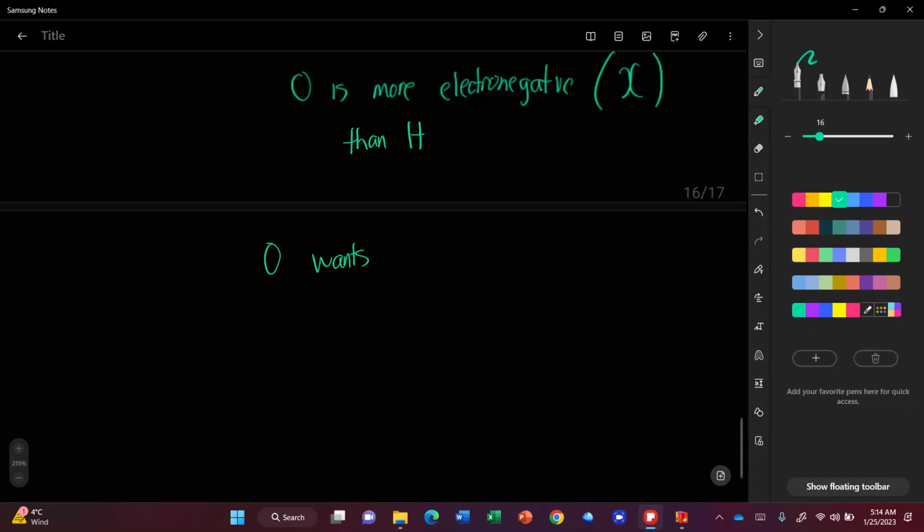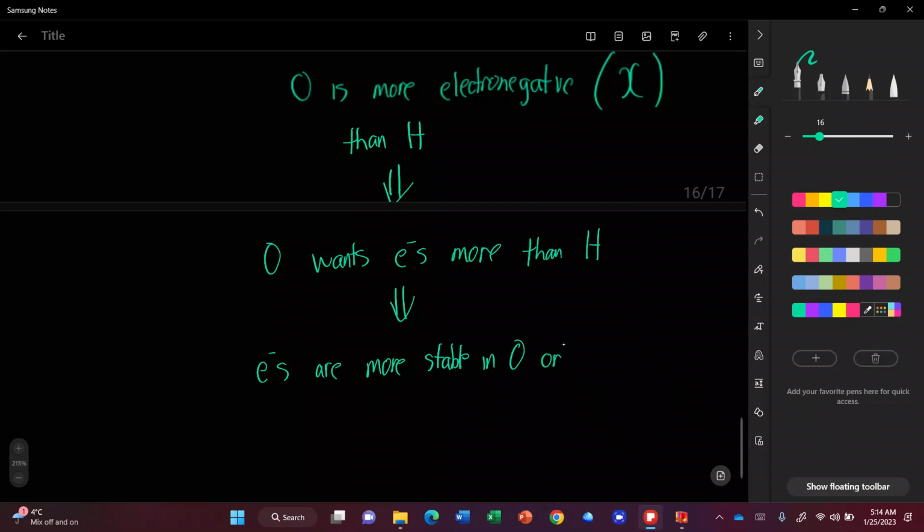What that means is that oxygen wants electrons more, so I'll say oxygen being more electronegative implies that oxygen wants electrons more than hydrogen. And what that implies is that electrons are more stable in oxygen's orbitals than they are in hydrogen's orbitals.